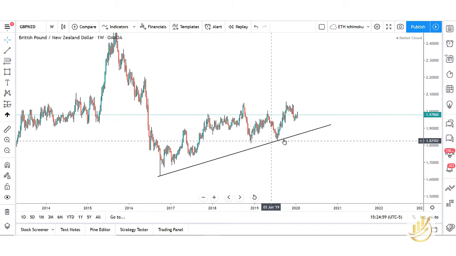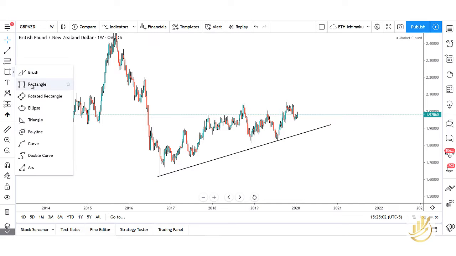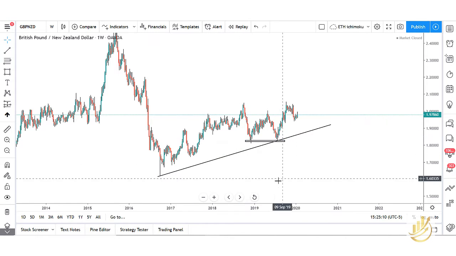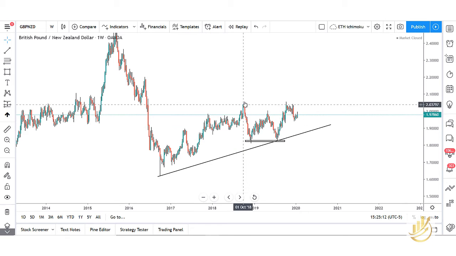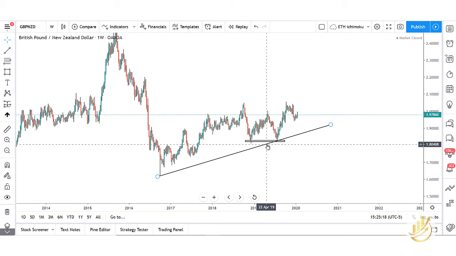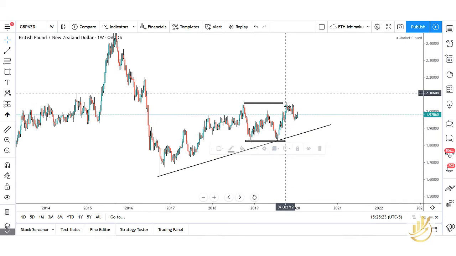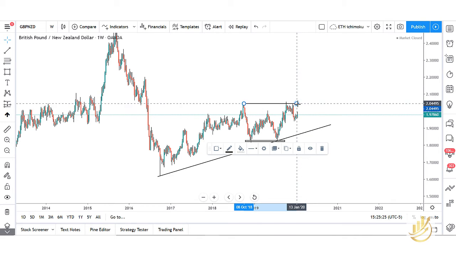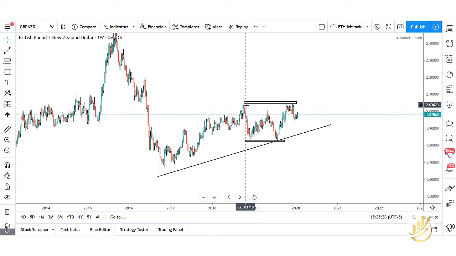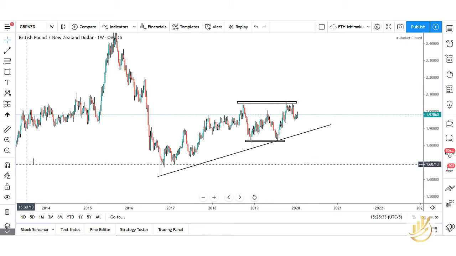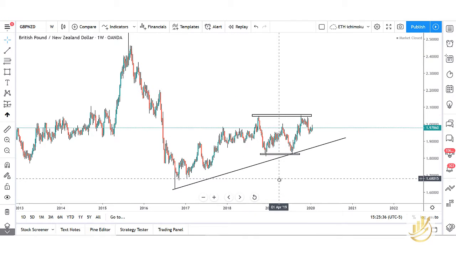We see a double bottom here, so I will draw something like that. And then when price reached this peak and this peak, it created a double top here. So I will mark these two important areas. Okay, fine. That is it.